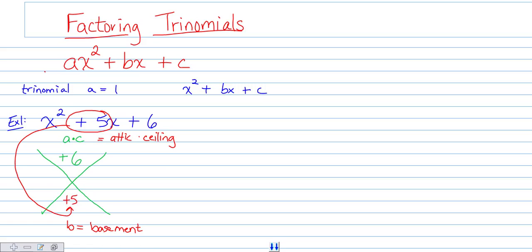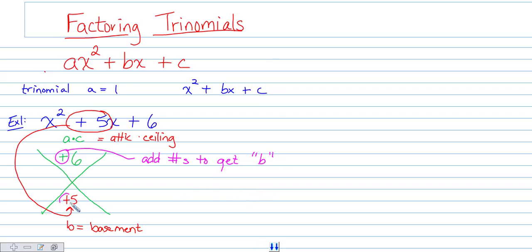Now, just like we've been practicing with the little diamond problems, you want to figure out what will multiply to give you a positive 6 and add or subtract to give you the 5. And there's a little trick that I learned that you can use to help you. Take the sign of this. This will tell you that you need to add the numbers to get the b, or the bottom.